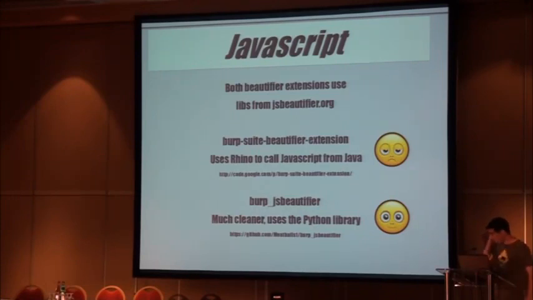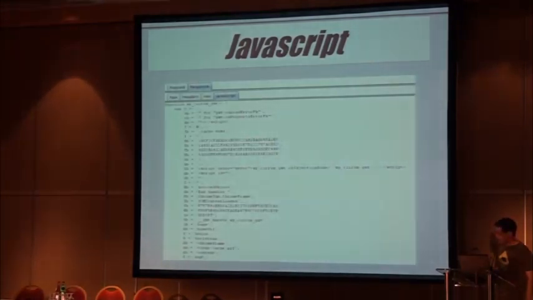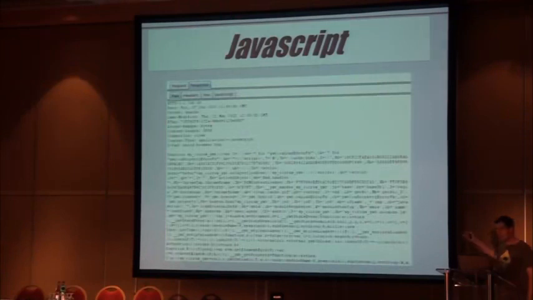But the first one is using Java to call Rhino to call the JavaScript API, so it's not very elegant. And the second one is a Python extension, which will call the Python library, so it's very, very clean.